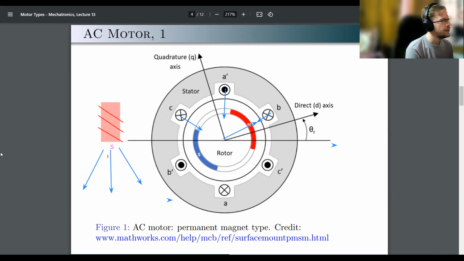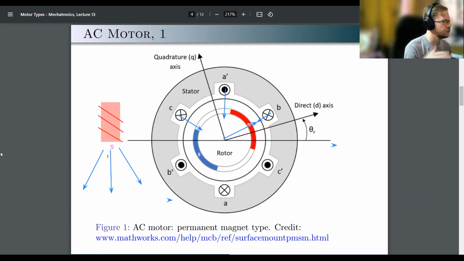Okay. In industry, what we often have is what we call 3-phase current. Okay, 3-phase AC current. This means that those phases are separated by 120 degrees. So that means that we could use this current directly to power the motor.